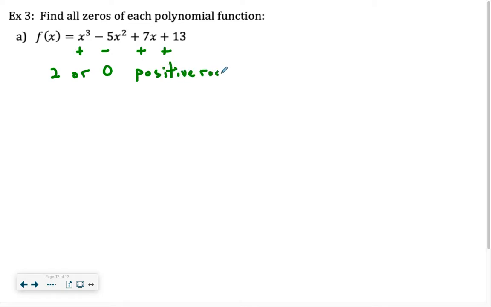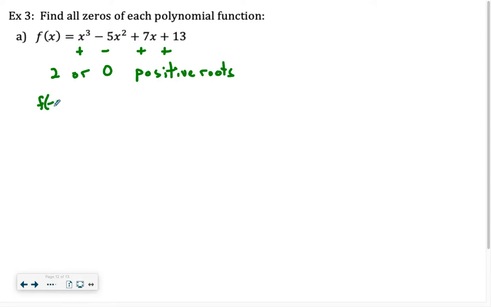Okay, and remember, if we see two variations in sign, that's the number we start with, and then we just start subtracting 2 to see how many possibles there are, right? So for example, if we had some huge polynomial and we saw 13 sign changes, well, we could have 13 or 11 or 9 or 7 or 5 or 3 or 1 positive roots, okay?